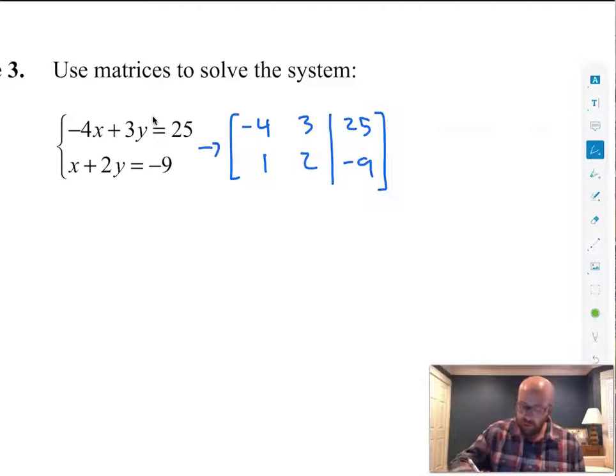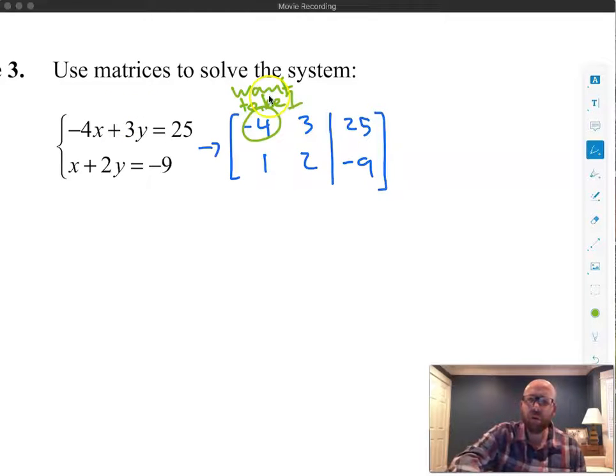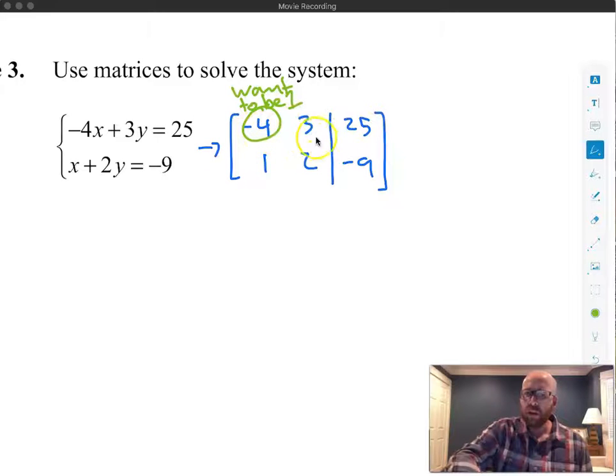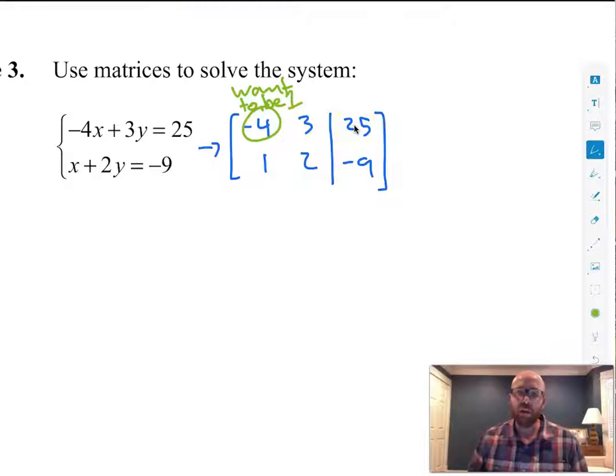What we want is for this to be 1. Now, I could go through and divide everything by negative 4, because negative 4 divided by negative 4 would be 1. But that would introduce fractions. And if I can avoid introducing fractions, I'm going to avoid introducing fractions.